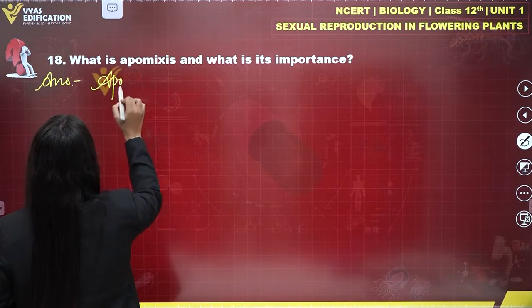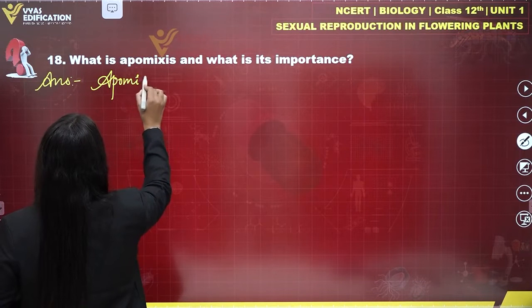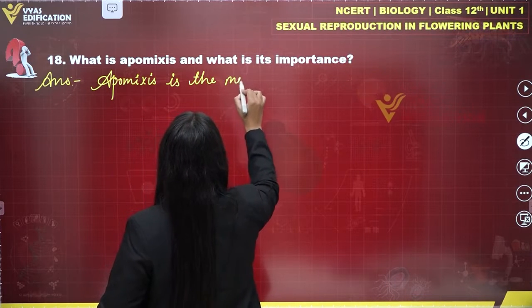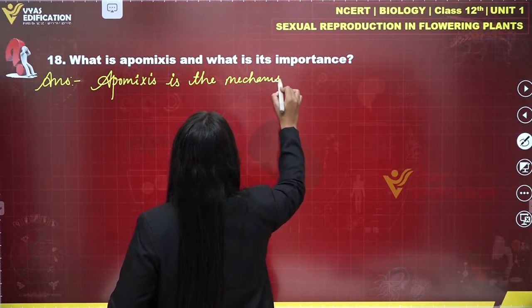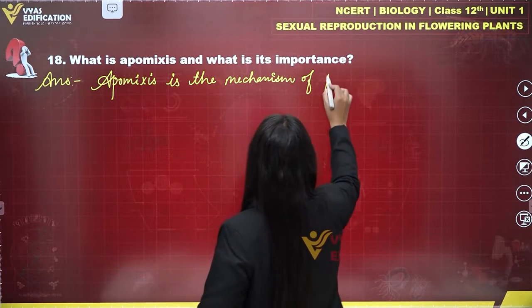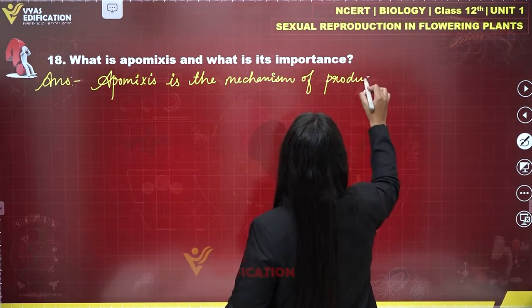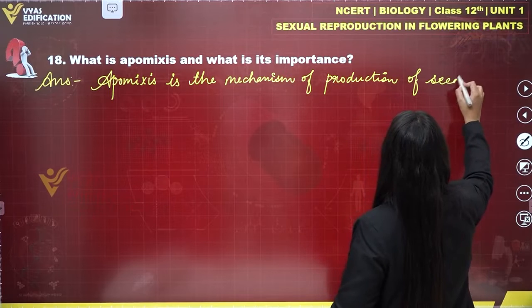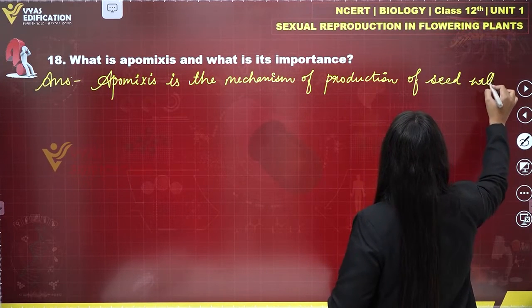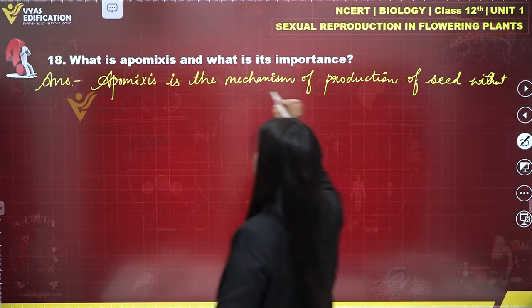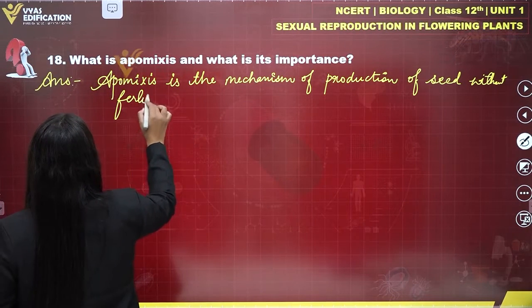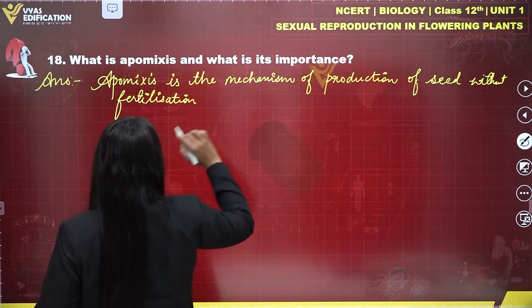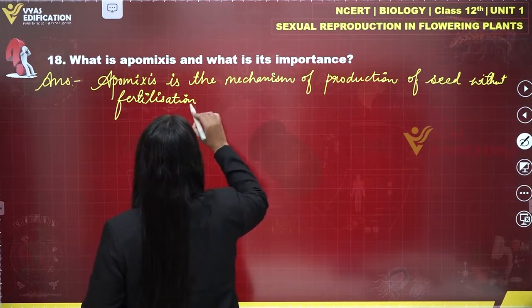Apomixis: first of all, we are going to write, apomixis is the mechanism of production of seed without fertilization.